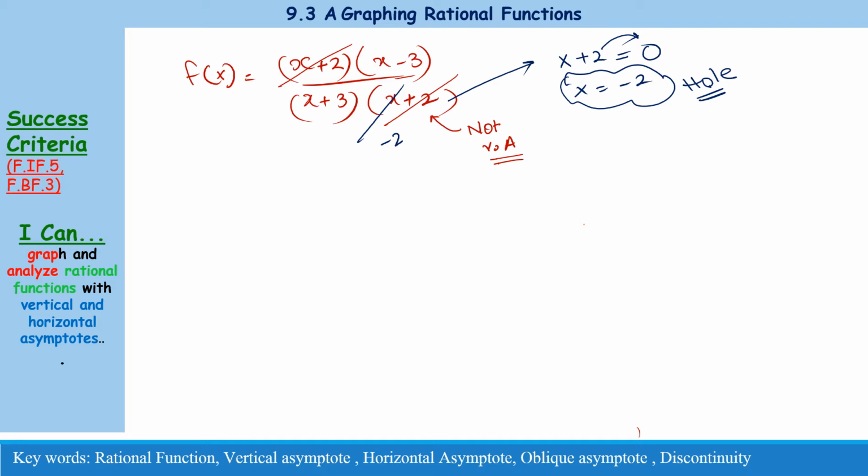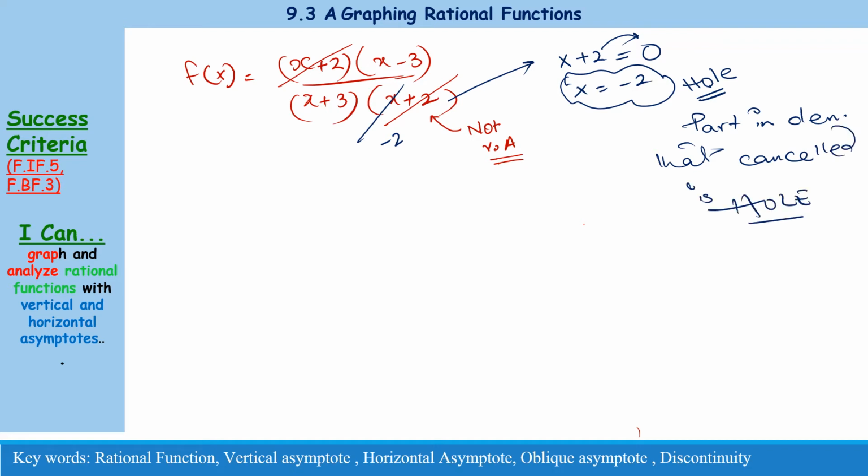So the part in the denominator that cancelled with the numerator is called a hole, and the part that doesn't cancel from the denominator is called a vertical asymptote.